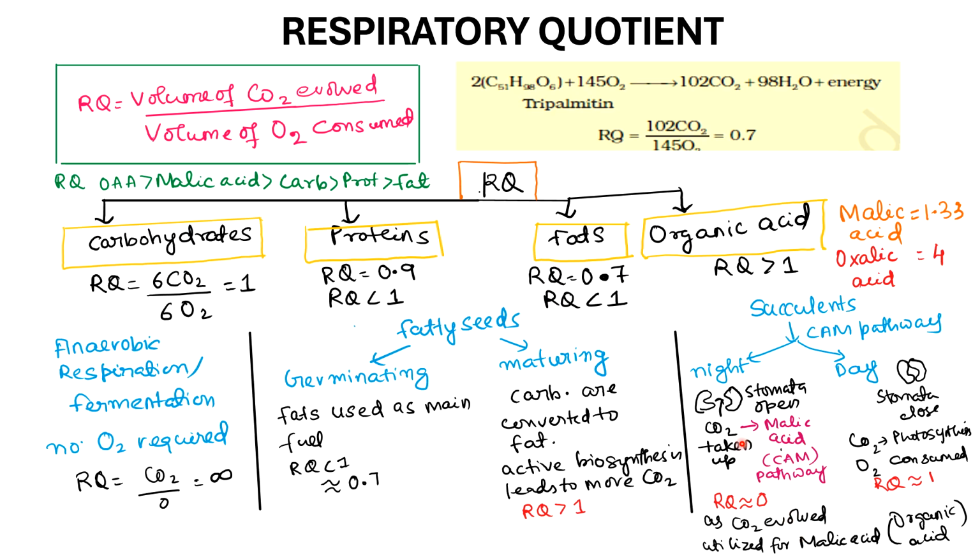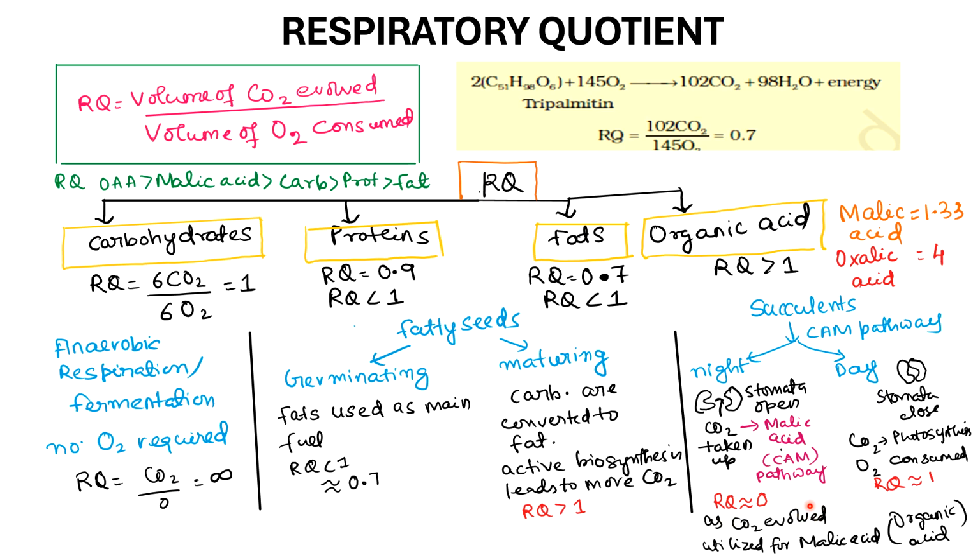conversion takes place. Carbon dioxide that is evolved is utilized to produce the organic acid such as malic acid, which will be utilized during the daytime to release carbon dioxide and carry out photosynthesis. So as the carbon dioxide almost becomes negligible or zero because it is utilized in formation of organic acid, that is malic acid, RQ in succulents at night becomes equivalent to zero, especially in case of plants such as Opuntia.